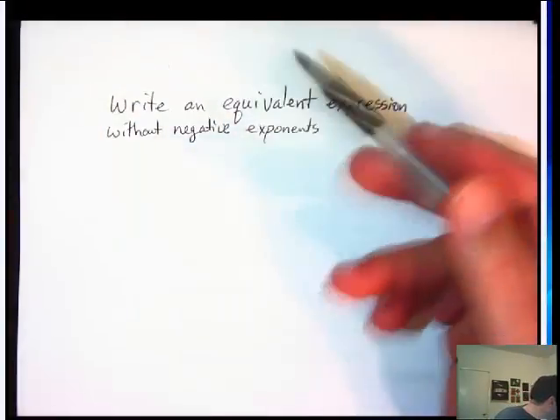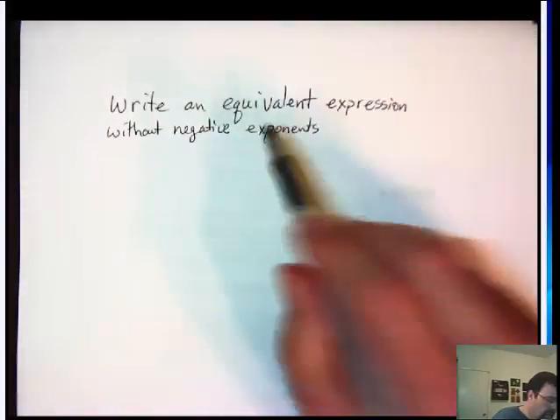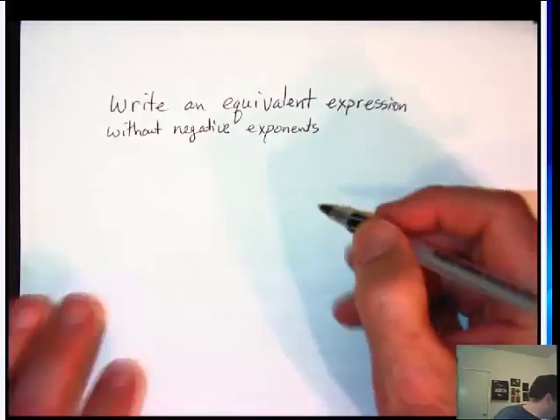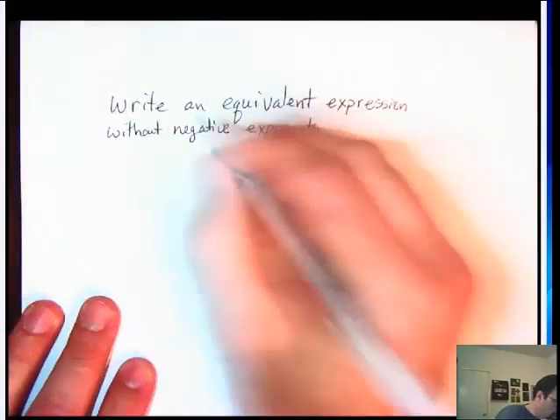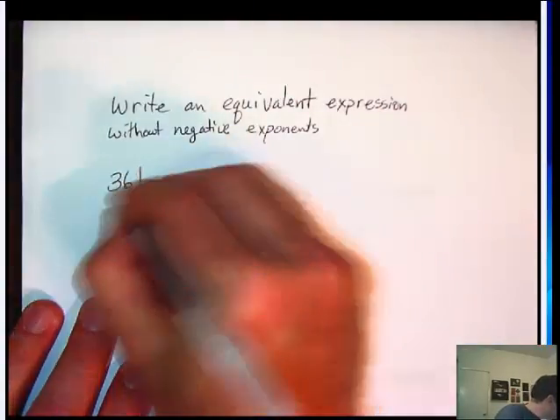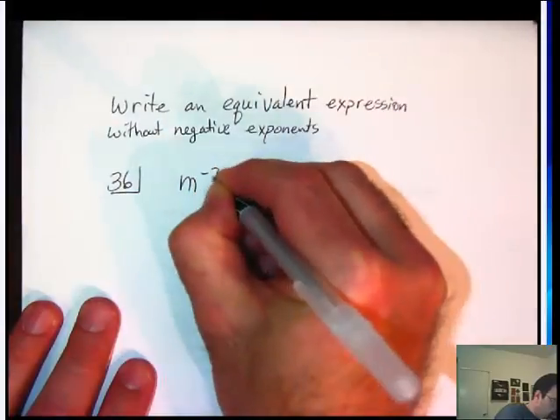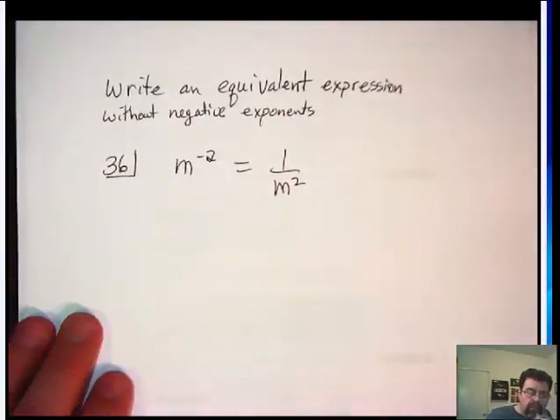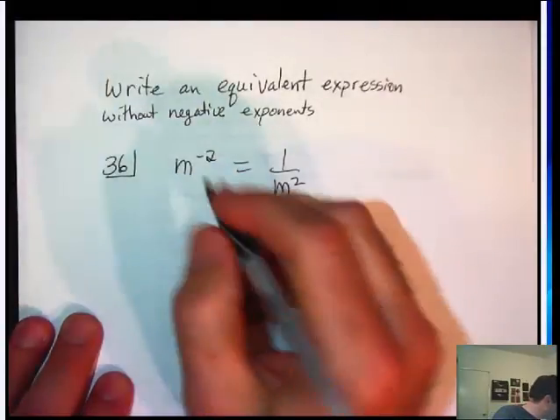So typically you want to have your expressions without negative exponents. That's one of the things to simplify. So let's start with number 36. M to the -2. Well, that's just 1 over m squared, straight from the definition.